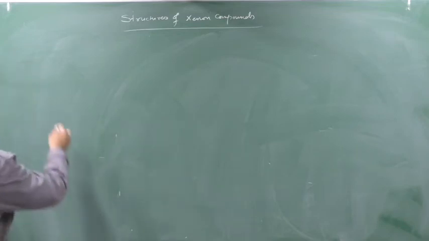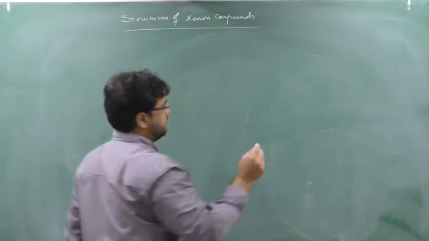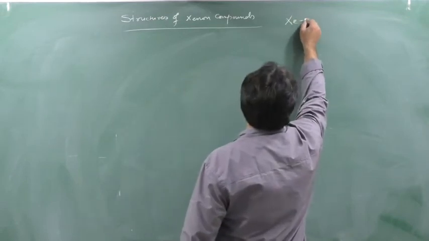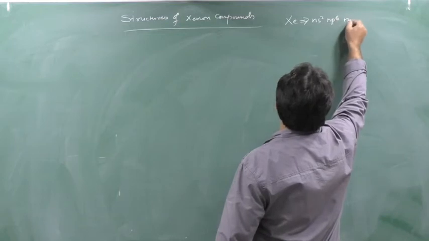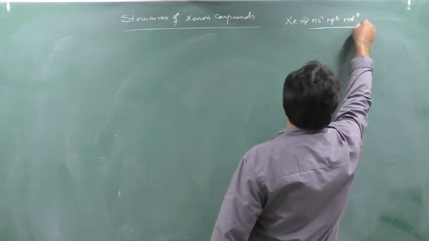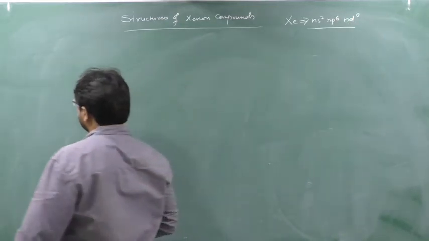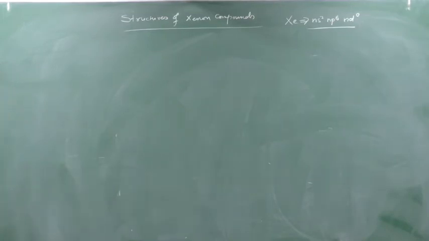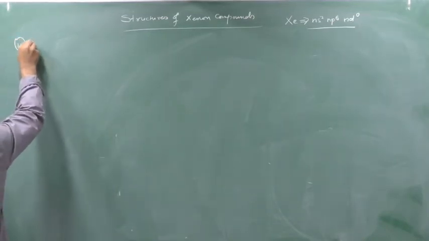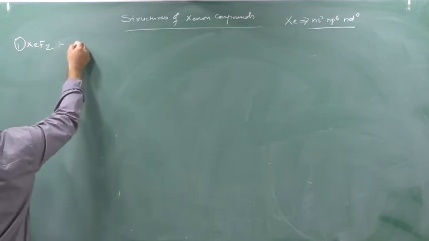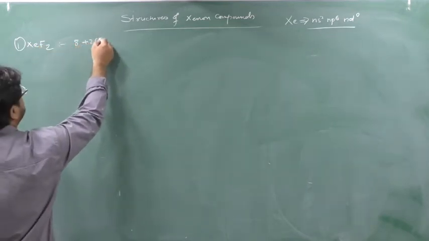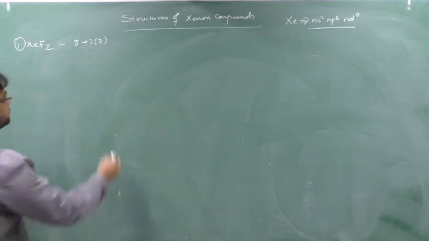Yes or no? See, first thing I will show you is that the general configuration of xenon will be ns2, np6, and it also has an empty nd0 d orbital. So from here, the first shape we are going to see is XeF2. In XeF2 there are 8 electrons plus 2 into 7 for the fluorine outermost orbit.